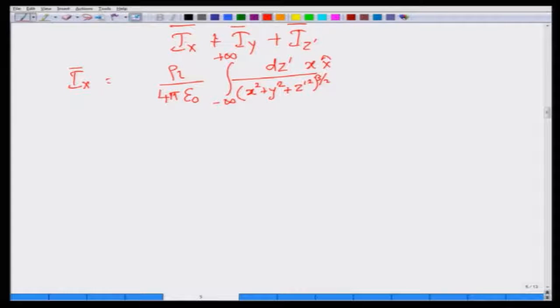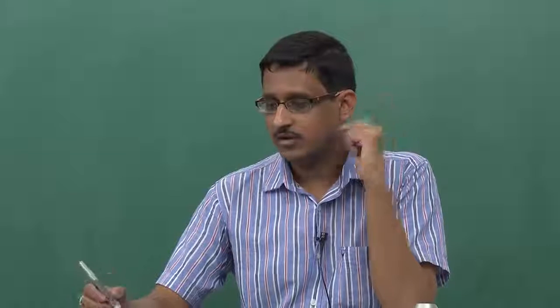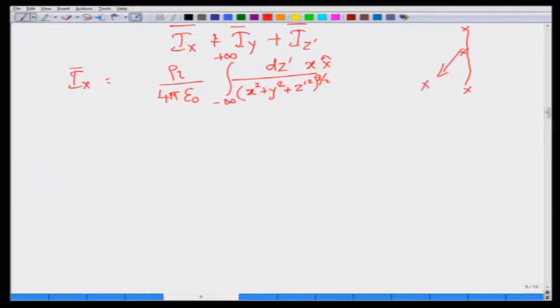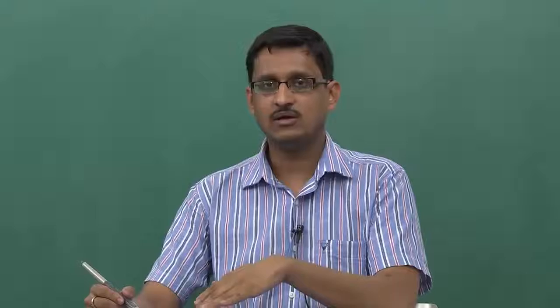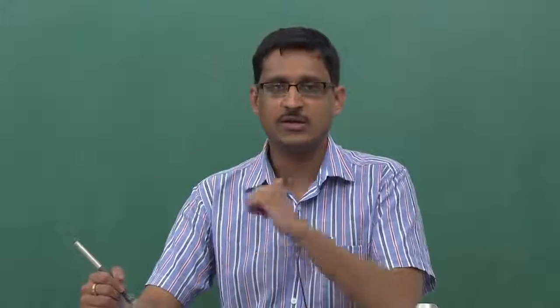First of all, look at this: physically, I am moving from z equal to minus infinity all the way to z equal to plus infinity. At each point as I move, what is happening to the direction of the x vector? The direction is still the same. At every point along the z axis, the direction of the x vector is not changing; it remains in the same direction as the x vector at the origin.